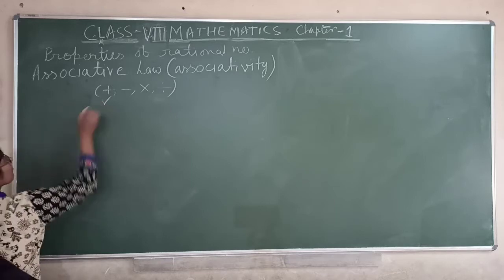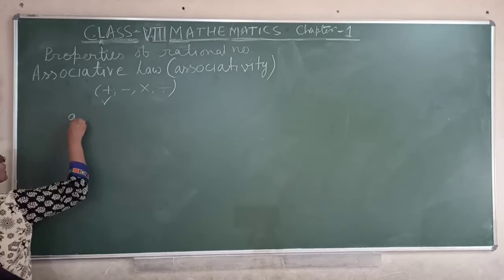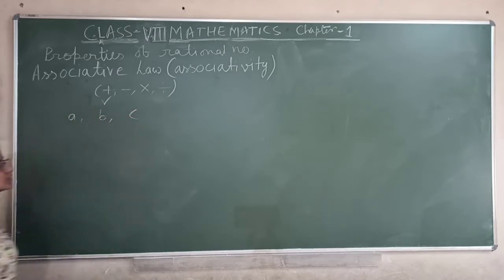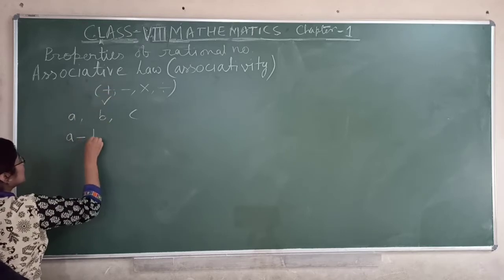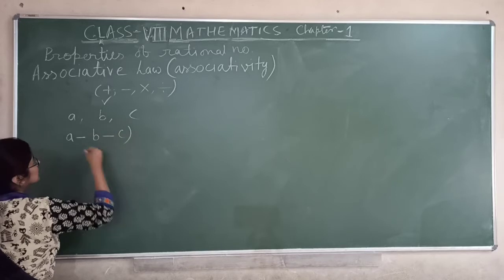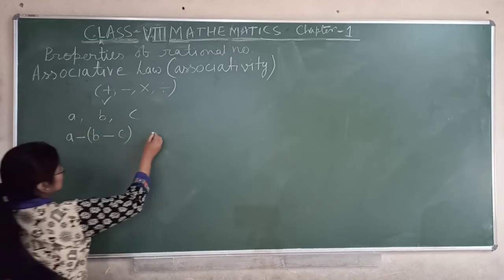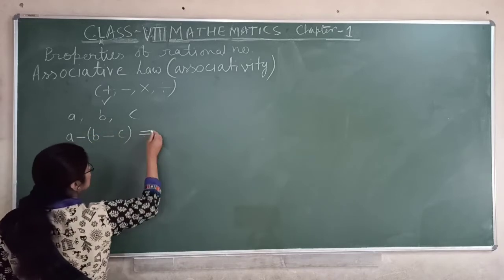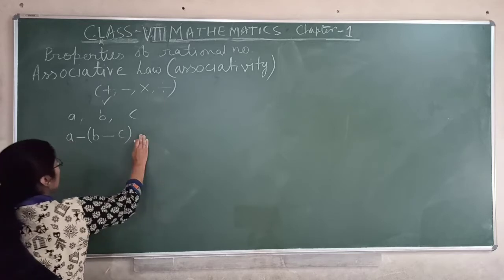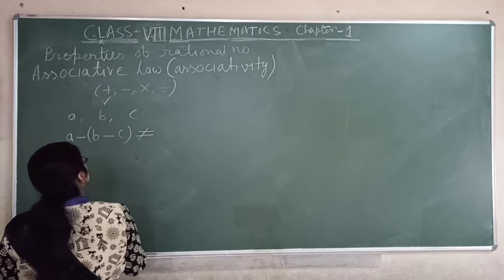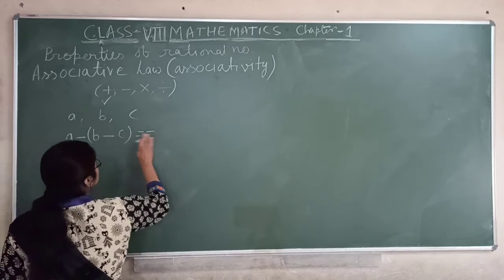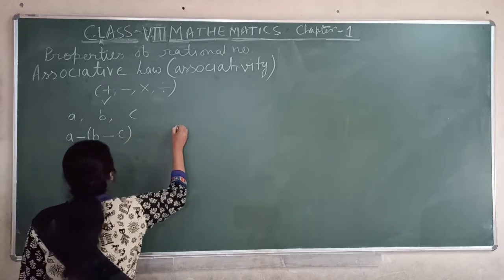So look, A, B and C are three rational numbers. For the associative law of subtraction we write A minus B minus C. If this is applicable, it will be equal, and if not applicable, it will not be equal here. So let's check.